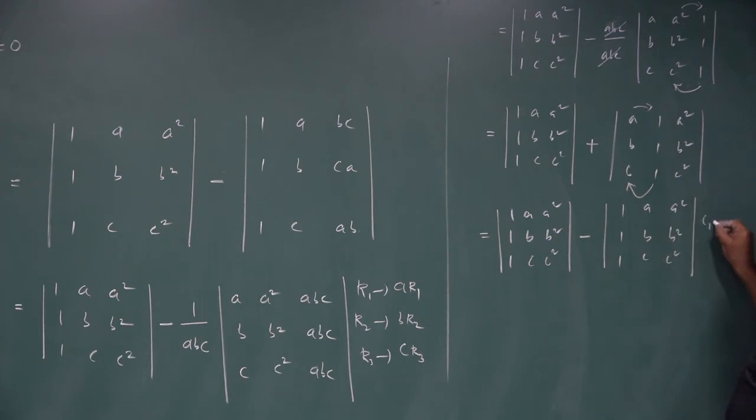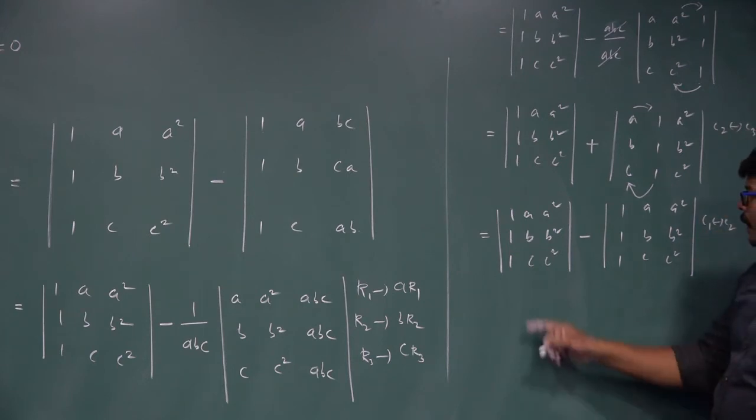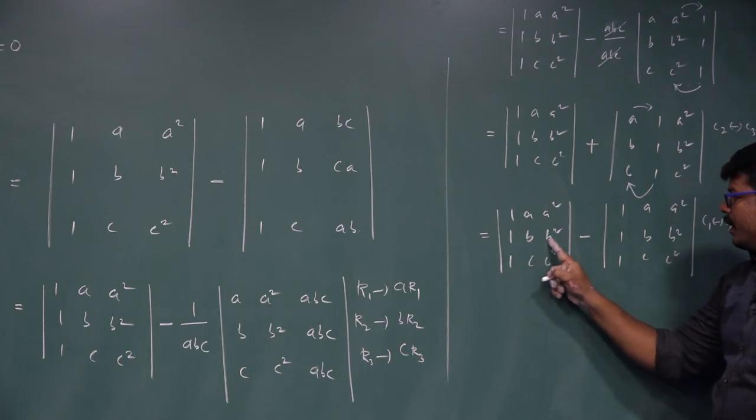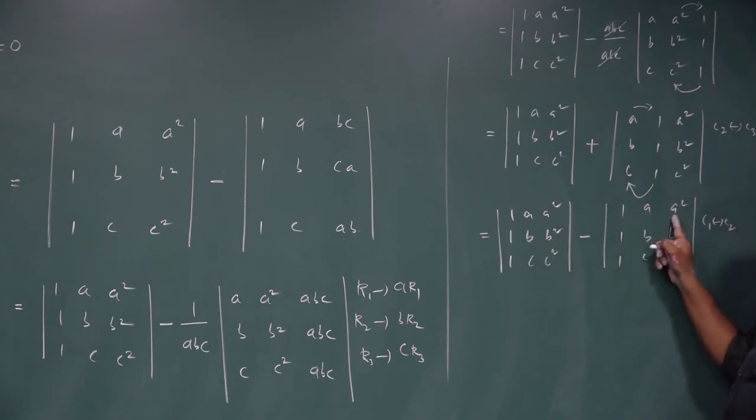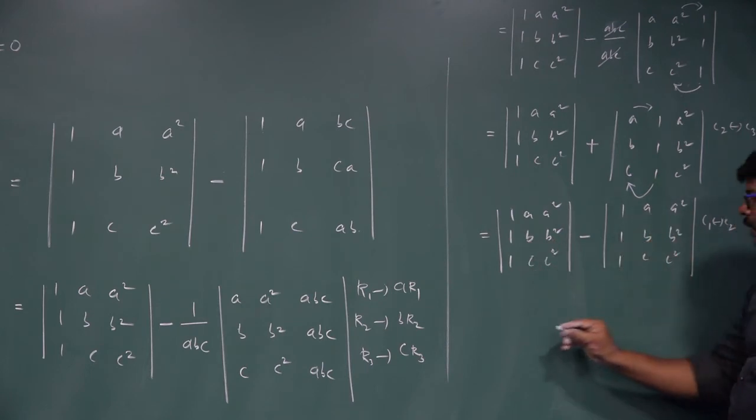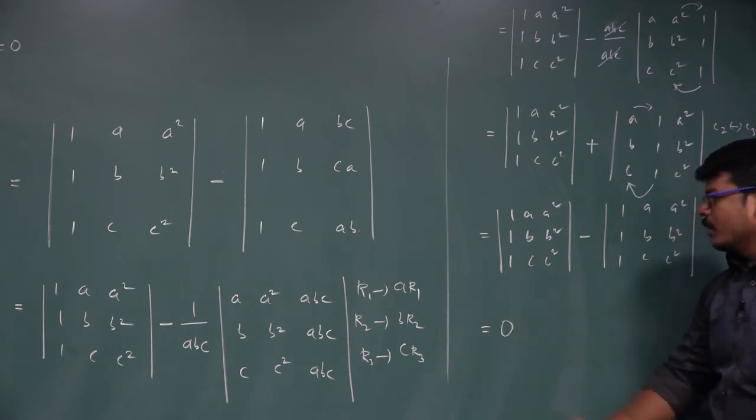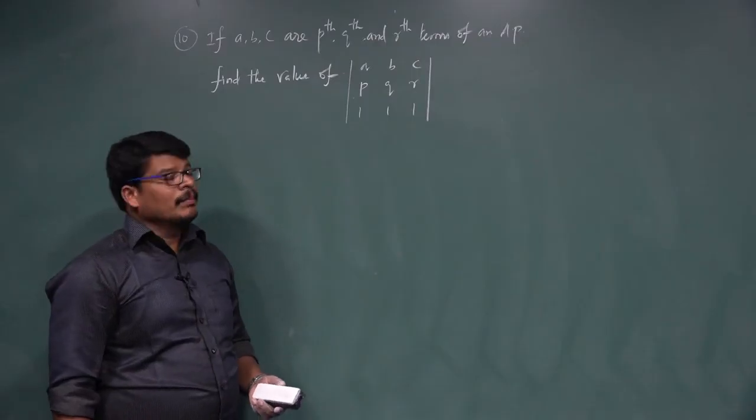Interchanging C1 with C2, then C2 with C3, we get the determinant 1, A square, 1, B square, 1, C square minus the same determinant. The answer is 0. Next problem.